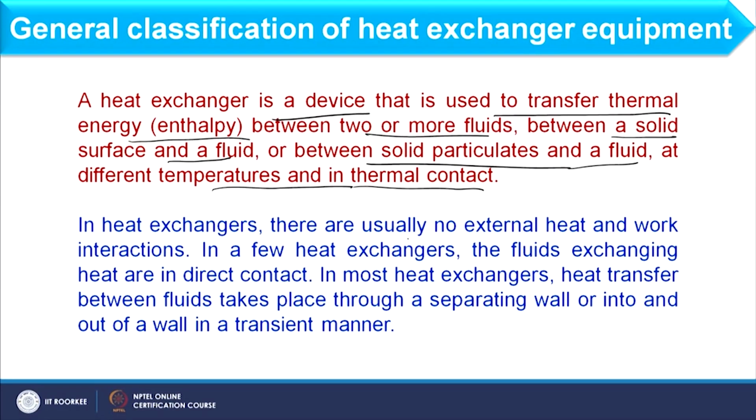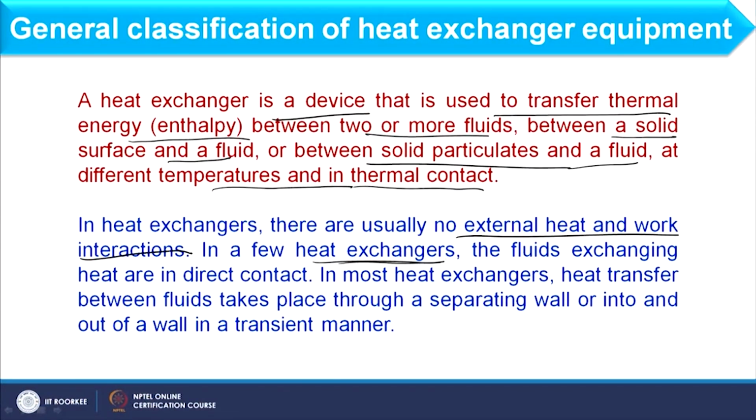In a heat exchanger there are usually no external heat and work interactions, as I have told you that heat is transferred from high temperature to low temperature, which does not require any external heat, because heat is already available with the fluid or the solid. It means the heating medium must be there, and wherever it has to transfer the heat should also be available near it.